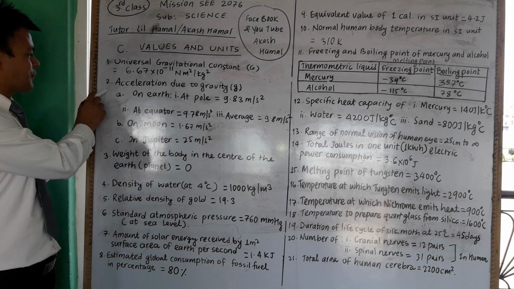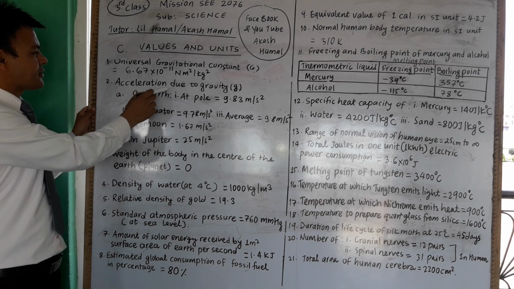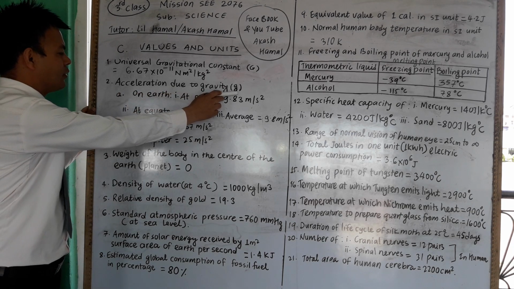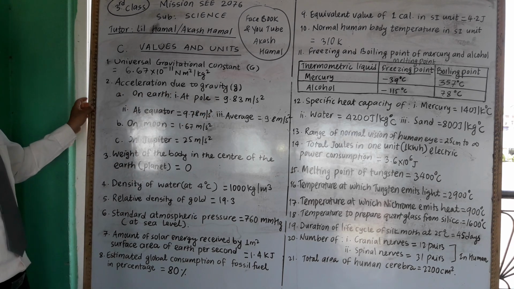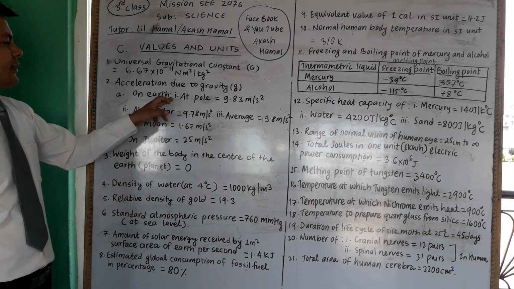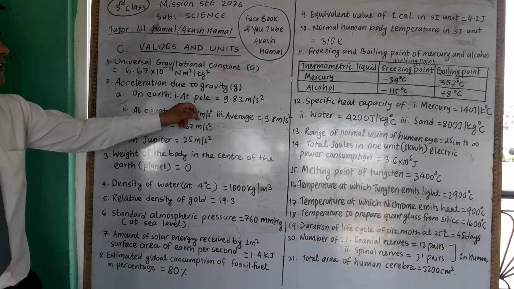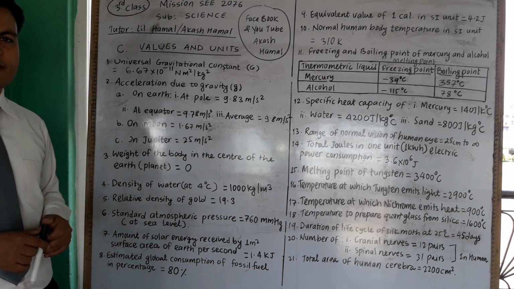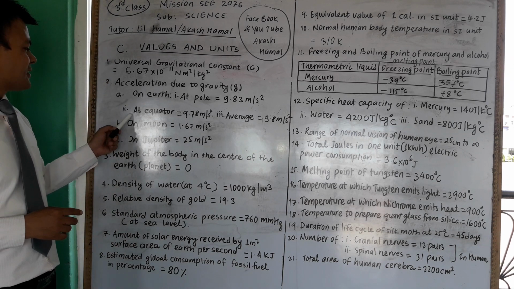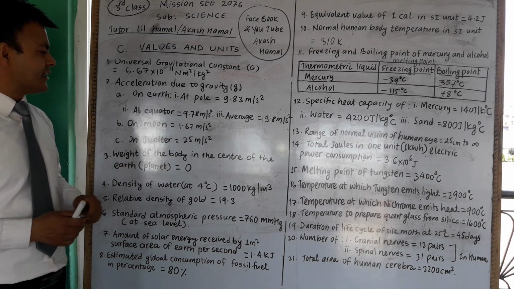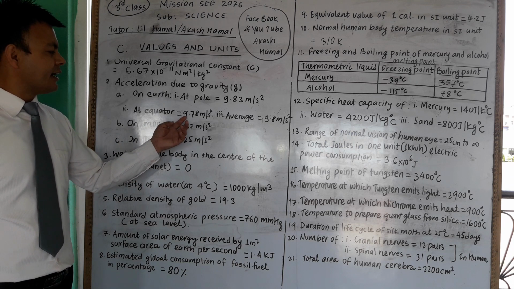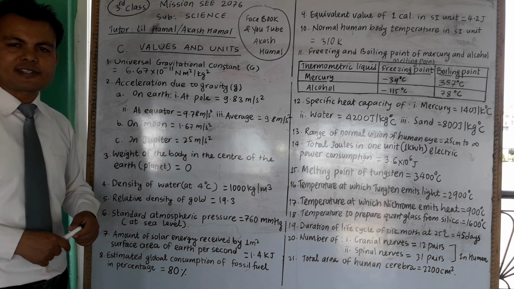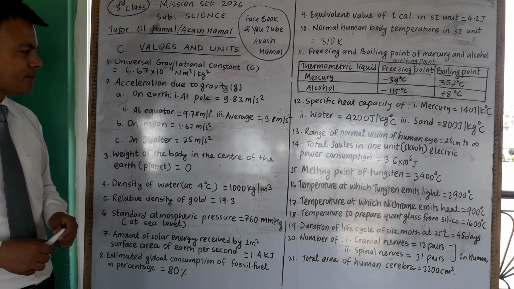Likewise, number 2, acceleration due to gravity, small g. Its value on the Earth at the pole of the Earth is 9.83 meter per second square. Likewise, at the equator of the Earth, its value is 9.78 meter per second square.